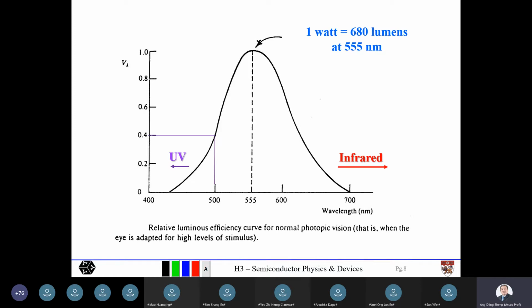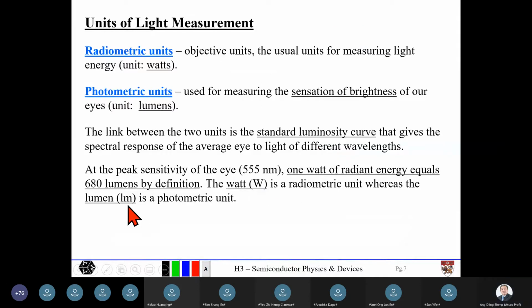So this is how the two units, radiometric and photometric, are linked together. That is the definition for the lumen: 1 watt of light energy at 555 nanometer is equal to 680 lumen by definition.